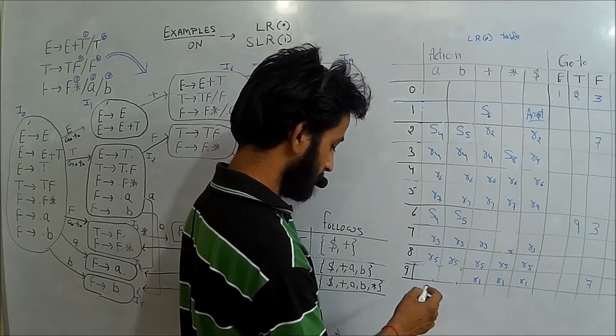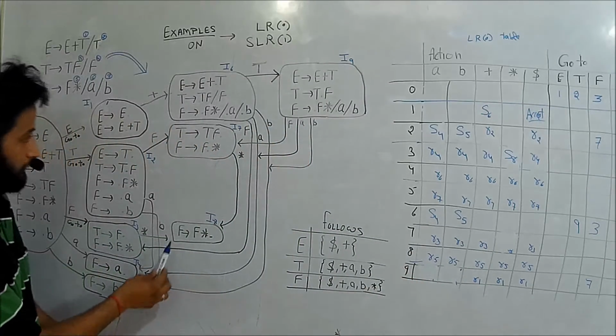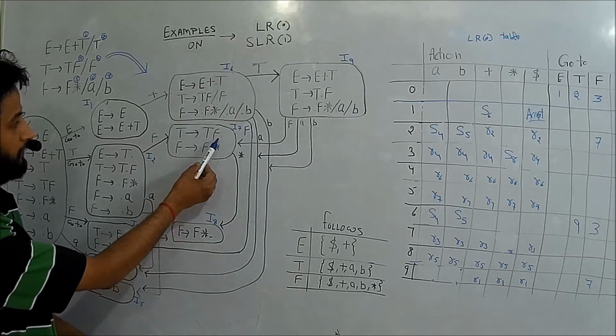Next possible state we have is I7, because there is a final item.